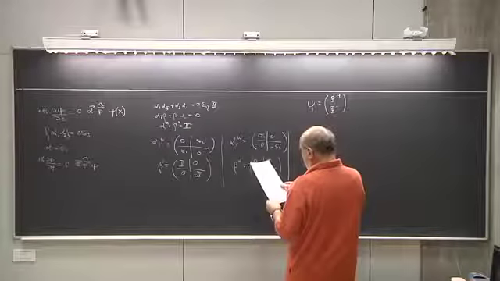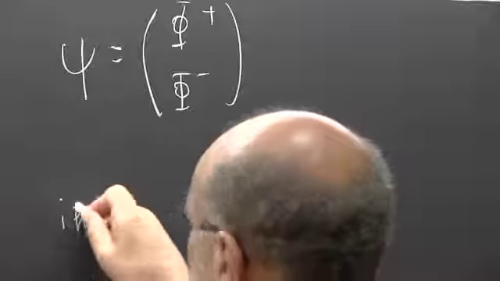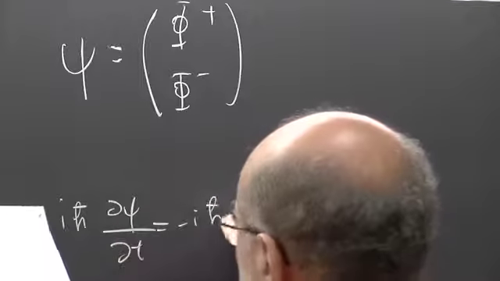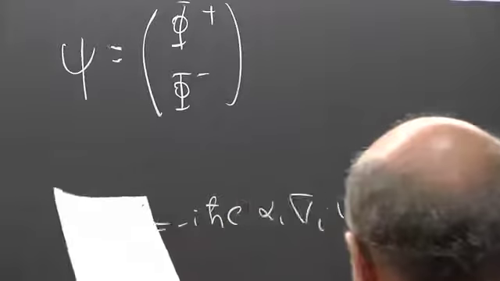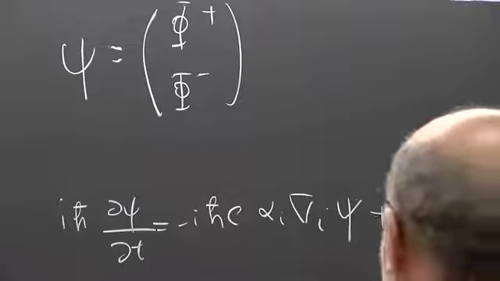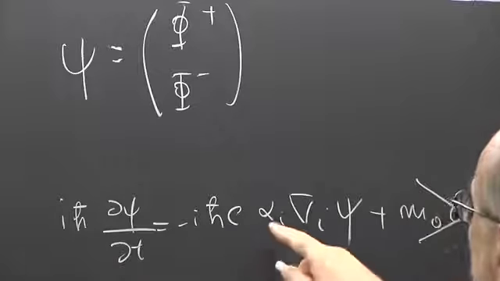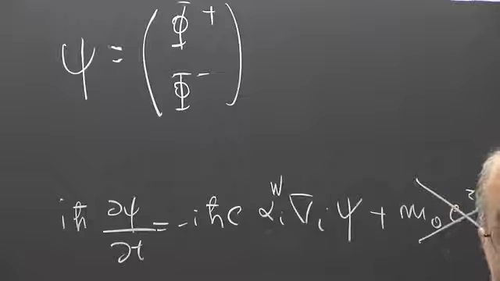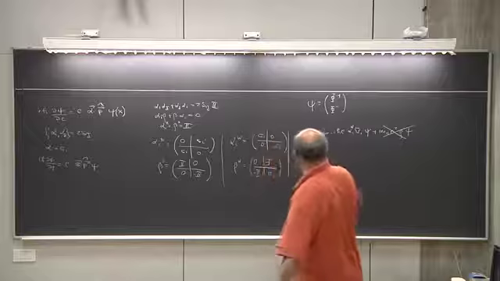And then let's write again the Dirac equation, i h bar d psi dt equals minus i h bar c alpha I d_i psi plus m0 c square beta psi, if we put the mass. If we don't put the mass, this term is not there. And now let's use the Weyl representation for the matrices.